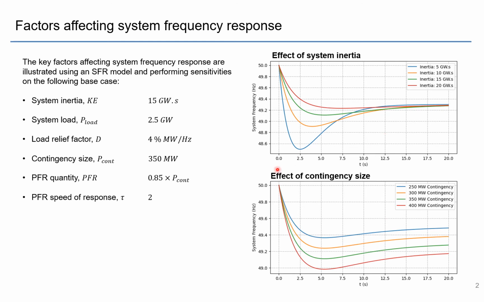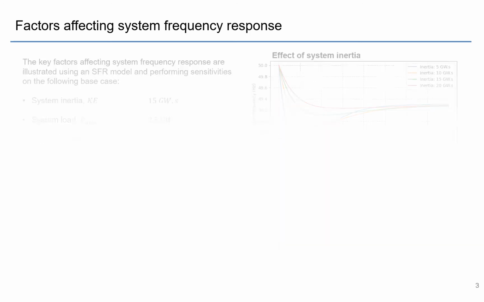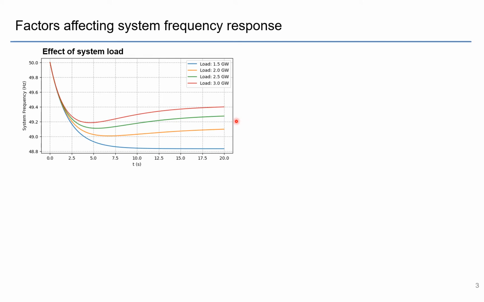If we change the contingency size, again, the green line here is the base case. So if we increase the contingency size, we get worse response. If we decrease the contingency size, we get a better response. Similarly for load, the green line here is your base case. So if you increase the load to 3 gigawatts, then you get a better frequency response as you have more load damping effects, and vice versa as you decrease the load.